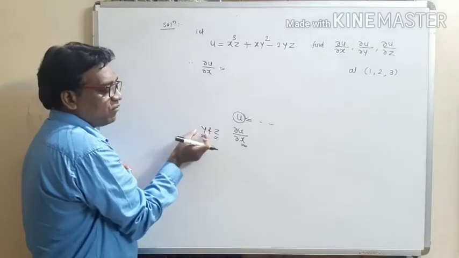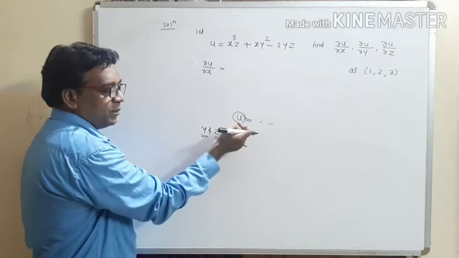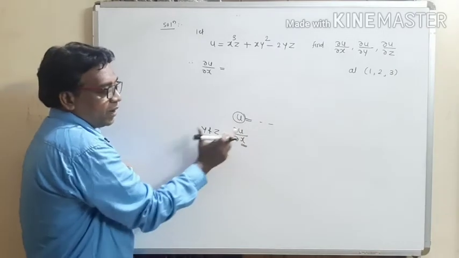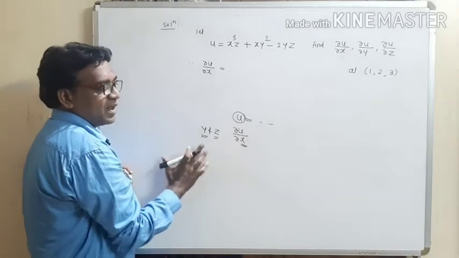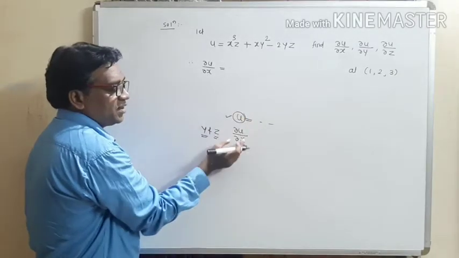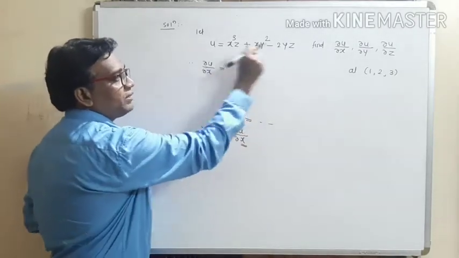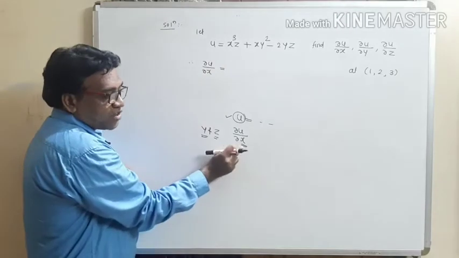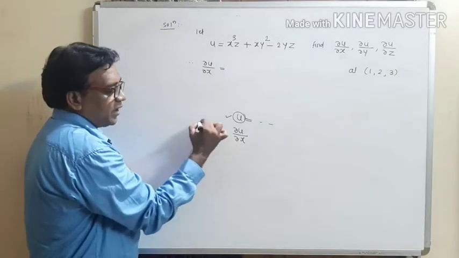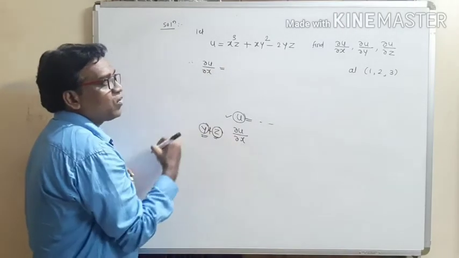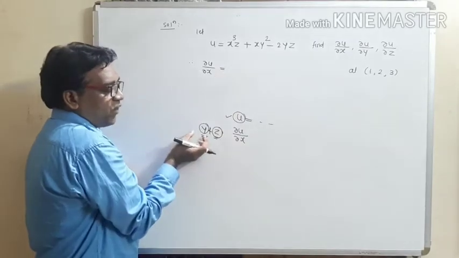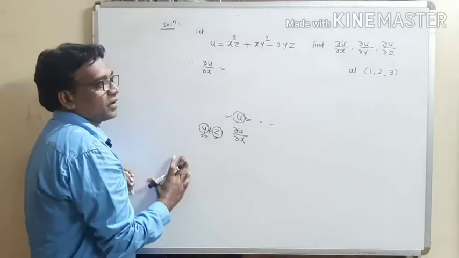Remaining means just y and z. We have to find the derivative of u partially with respect to x by keeping y and z as constant quantities.